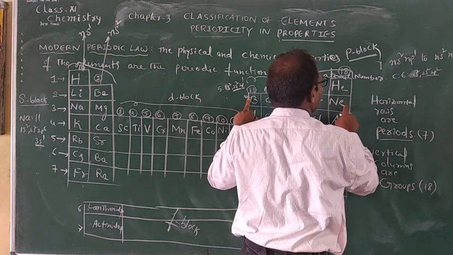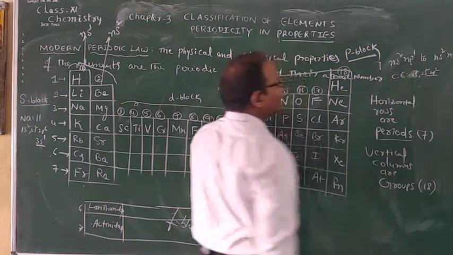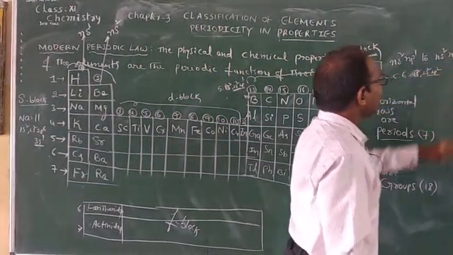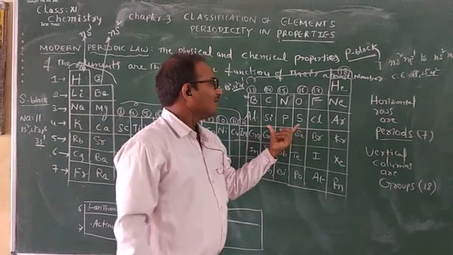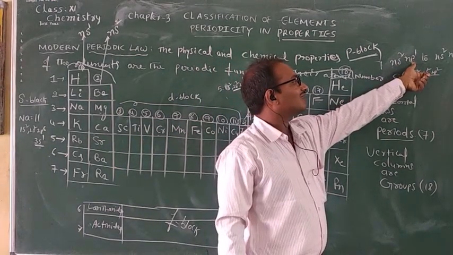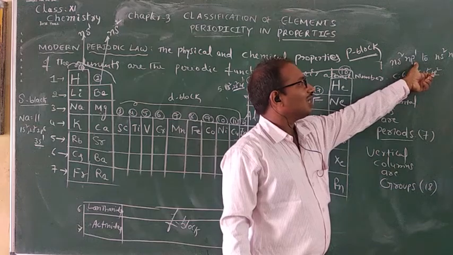Till here you can find the electronic configuration ns2, np1 to ns2, np6. Why are these called p block elements? Because you can see the last electron is entering into the p subshell.